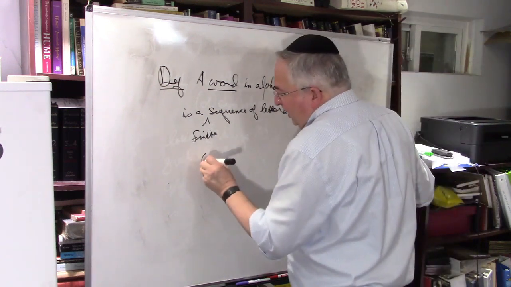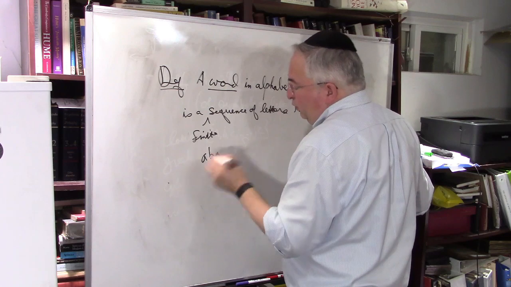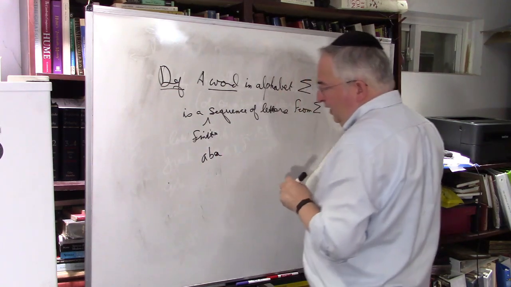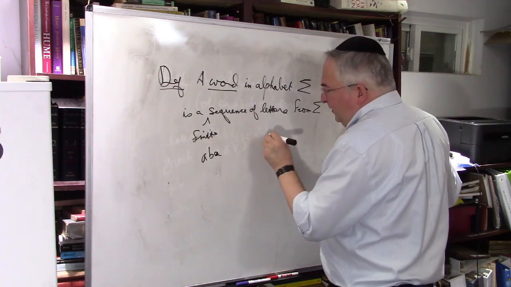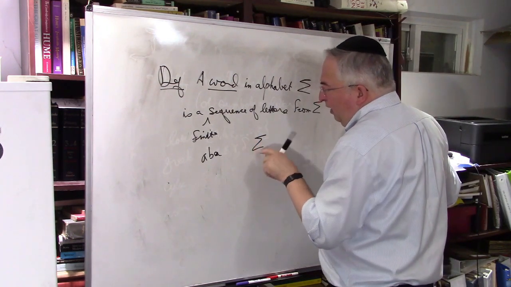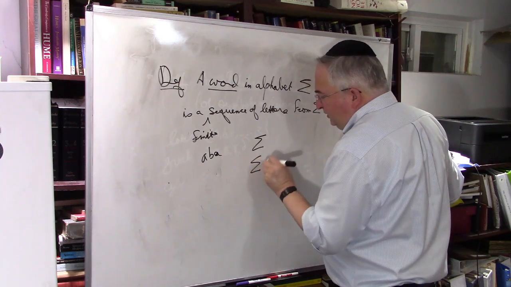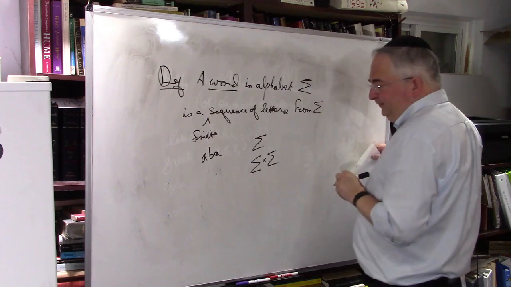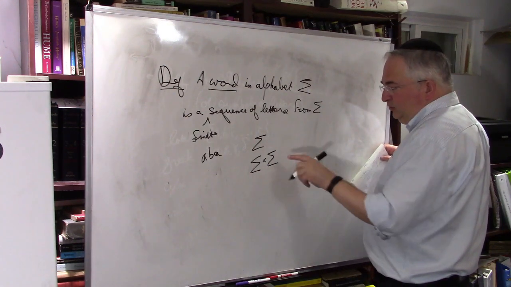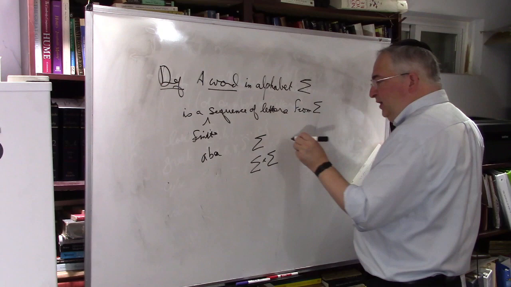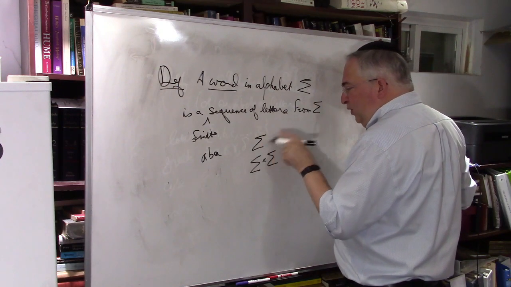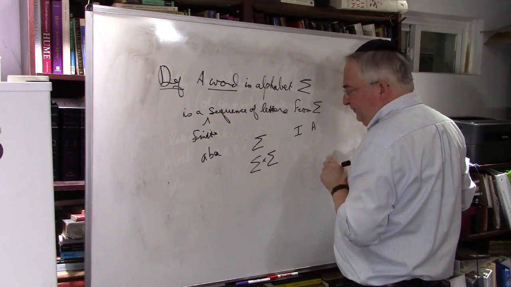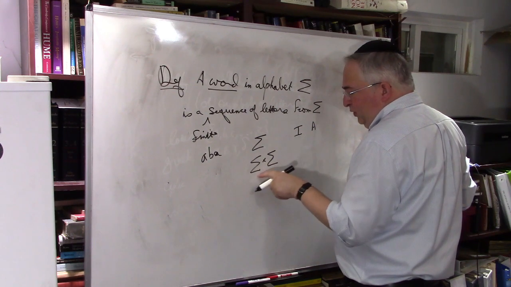So ABA is a word in the alphabet AB. Let's talk about it for a second. These are letters. This is ordered pairs of letters, two letters. By the way, in English, there are only two words of one letter, A and I. How about words of two letters?